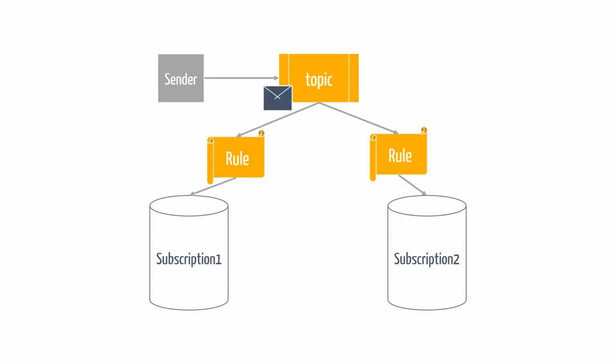Another copy of the message is created. It goes to the rule of subscription 1. If the rule matches, the copy of that message is delivered into the subscription, and it's sitting there. So basically, the subscription is, so to speak, a virtual queue that will hold the messages, and you need to receive from that virtual queue.